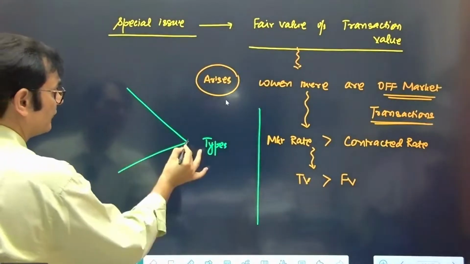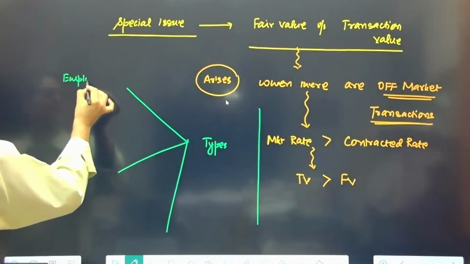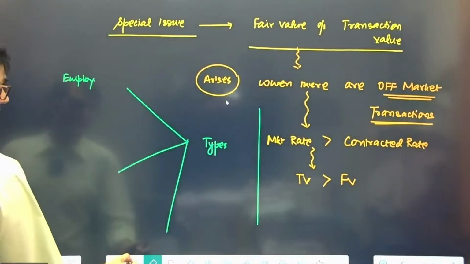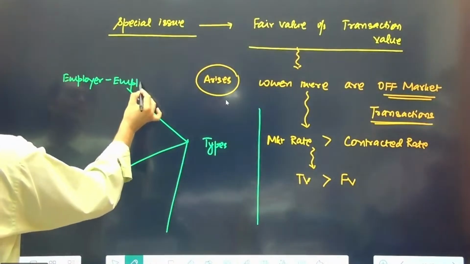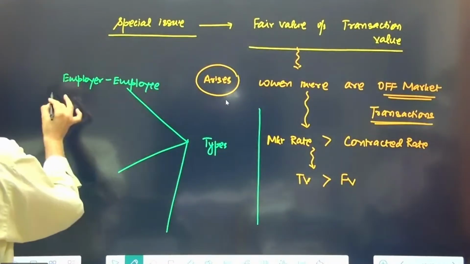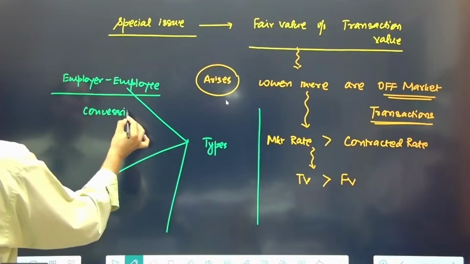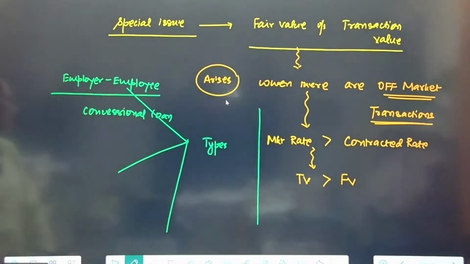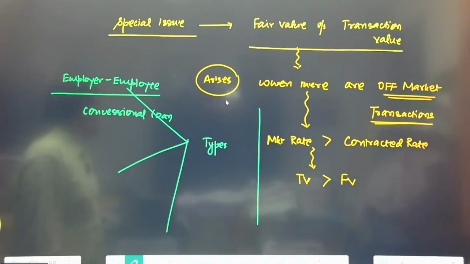One is the employer-employee relationship, typically a concession loan. We'll see in the questions how you identify this, but there could be concession loans given by the employer to the employee.